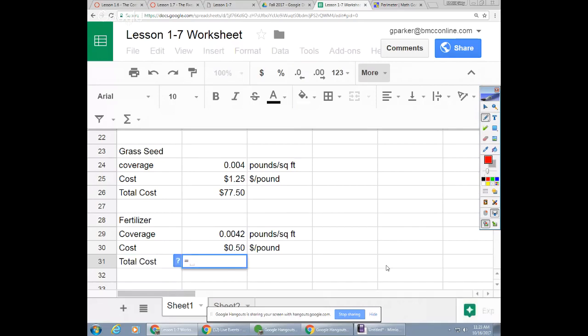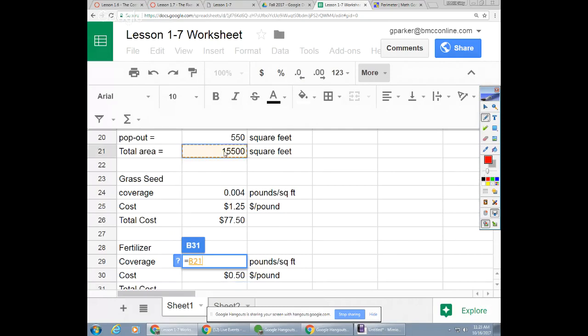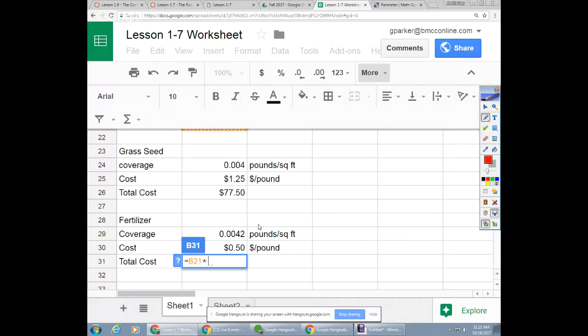We're going to go equals our total area of the backyard times the coverage amount, which is our 50 pounds per 12,000 square feet, then times our dollars per pound. And again, we'll look at why that works in just a sec. So it looks like it's going to be only about $32 for fertilizer.